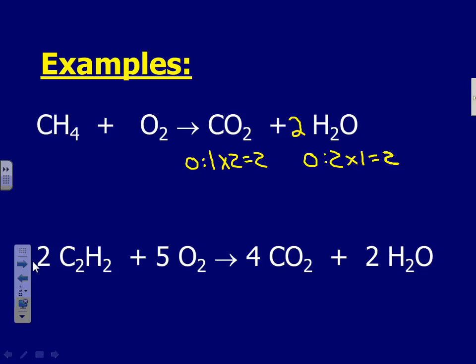So how many oxygens in total do I have on the right? 4, right? Here, I have oxygens. There's only 2. I could put 1 times 2, but what should I put there to make 4? 2 times 2 is 4. Now it's balanced. We've got the right amount of oxygen for that combustion.